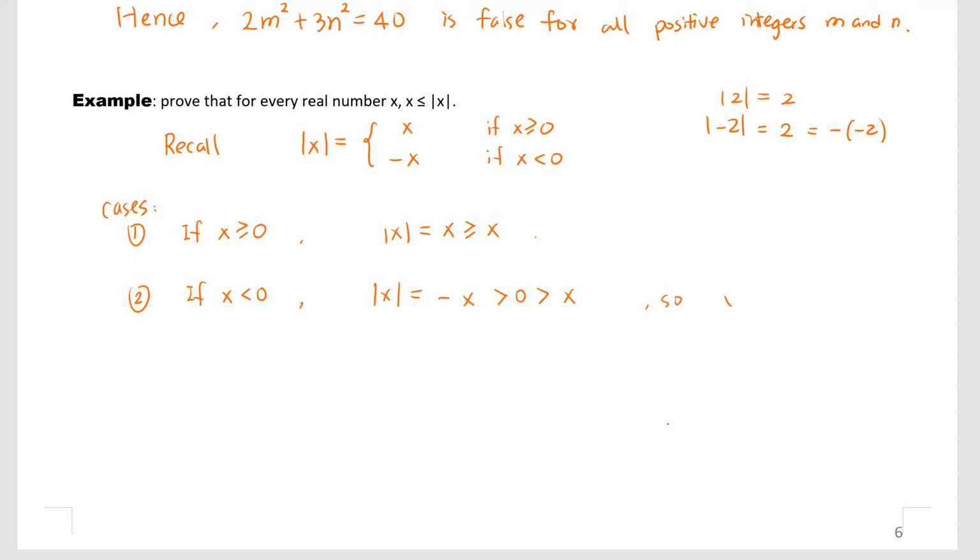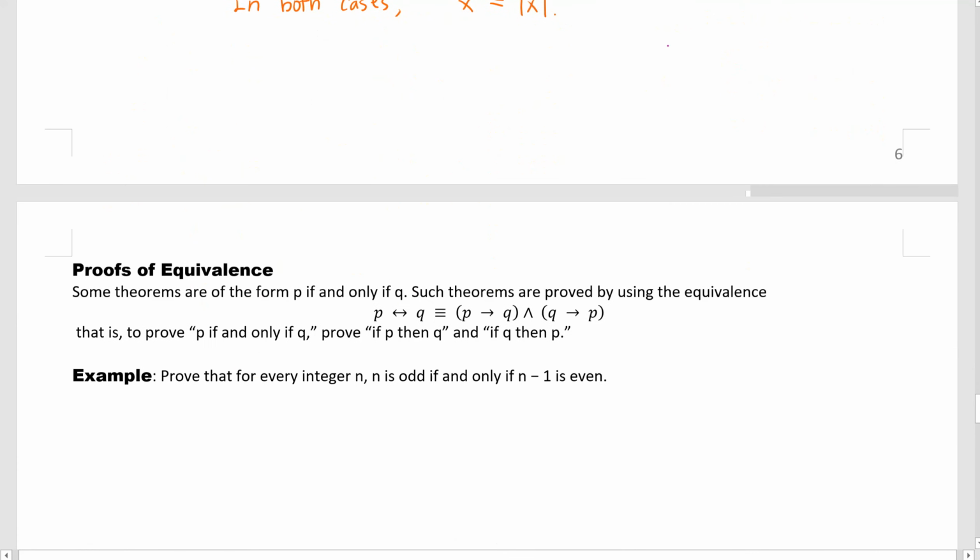So that's the same as x less than or equal to absolute value of x. Okay? Because less than or equal is 'or'. So if it's less than, of course it's less than or equal. So in both cases, we get x less than or equal to absolute value of x. And that finishes the proof. Okay? Alright, let's continue.